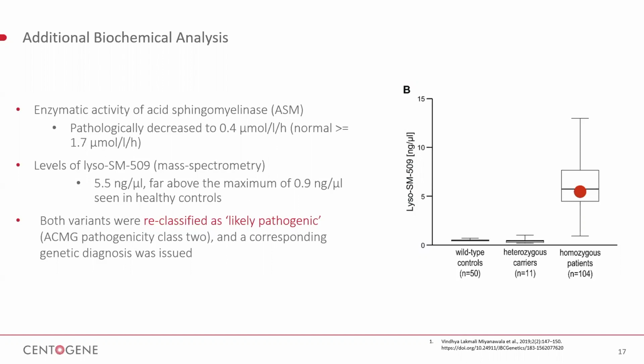So by combining the studies here, we were able to then reclassify those variants of uncertain significance to likely pathogenic. And we were able to make the corresponding diagnosis of Niemann-Pick type A based on the clinical presentation as well as all of this data.